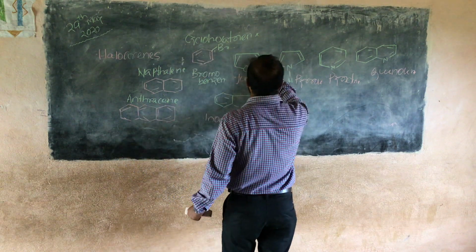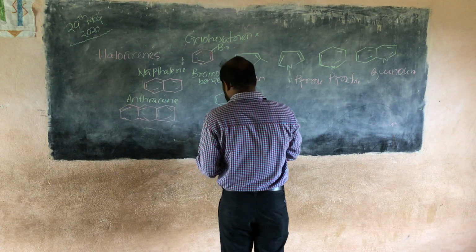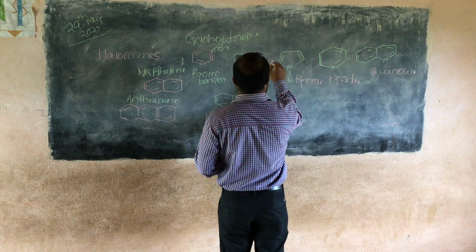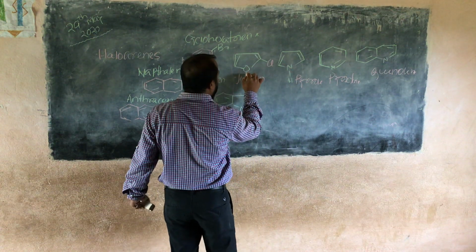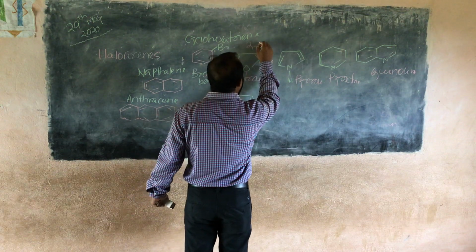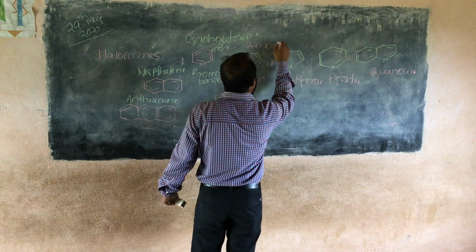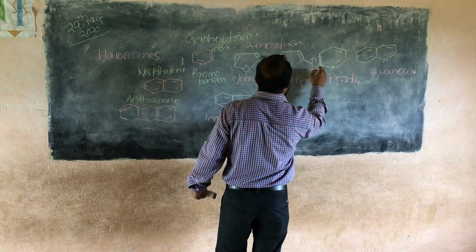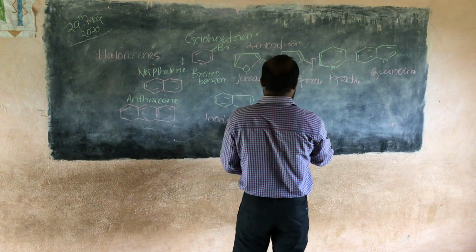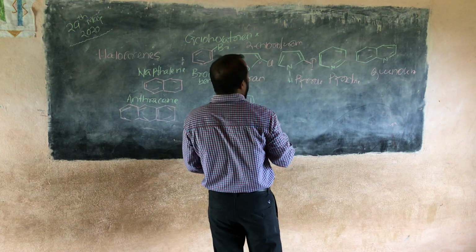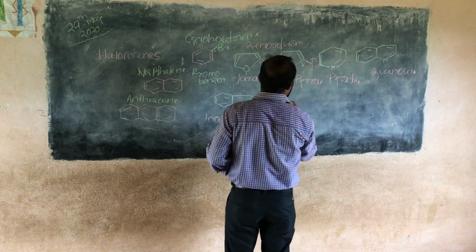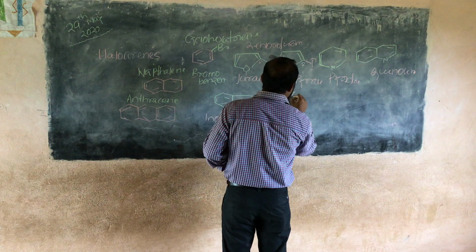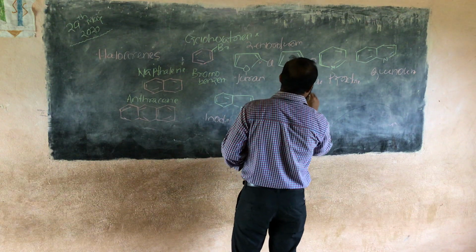If we keep chlorine here, its name will be, numbering 1, 2, chlorofuran. Like this. It has the name, numbering the same way, 1, 2, iodopyrrole.